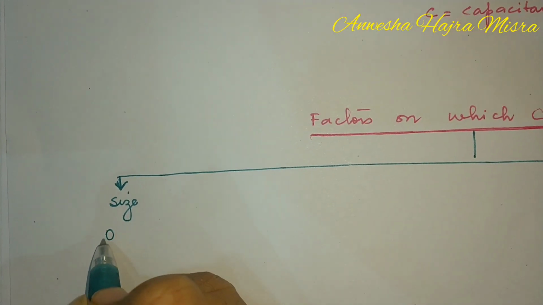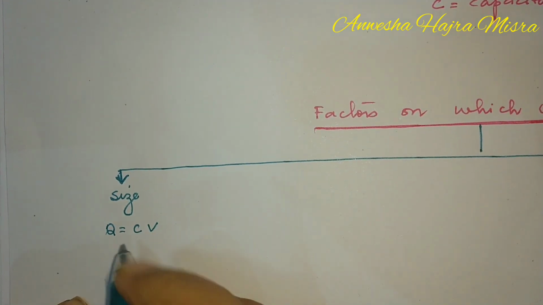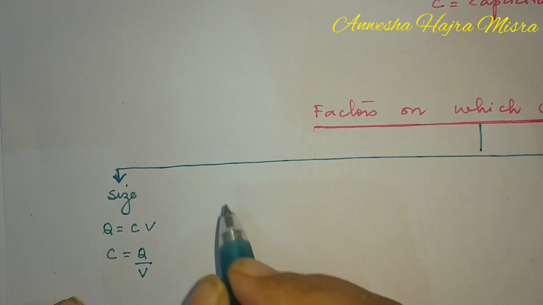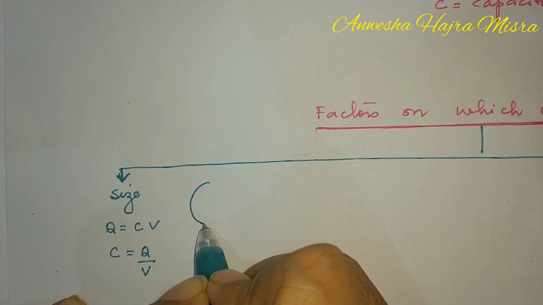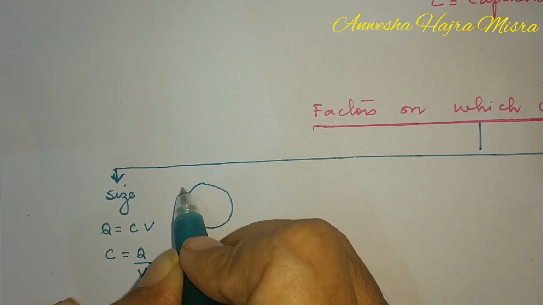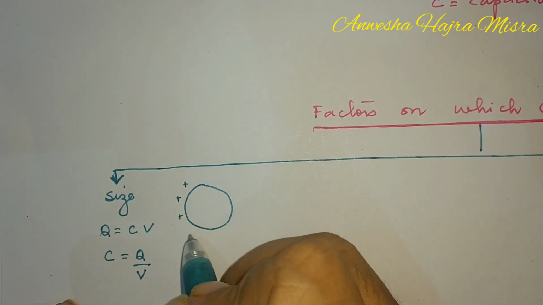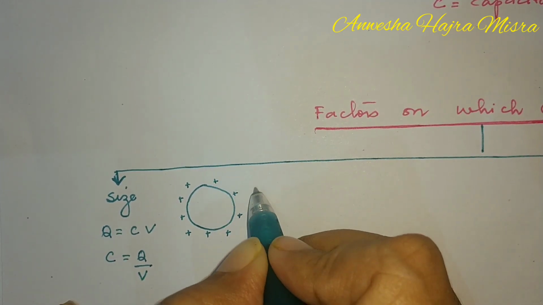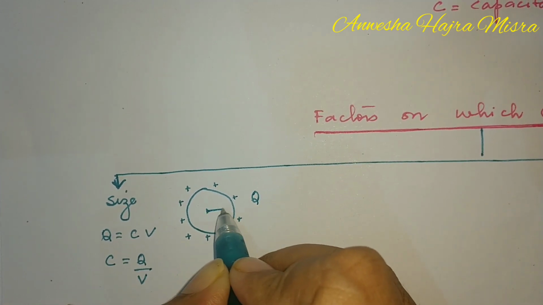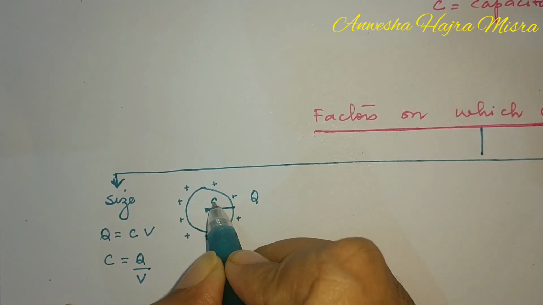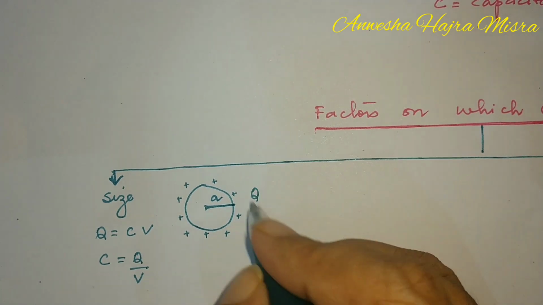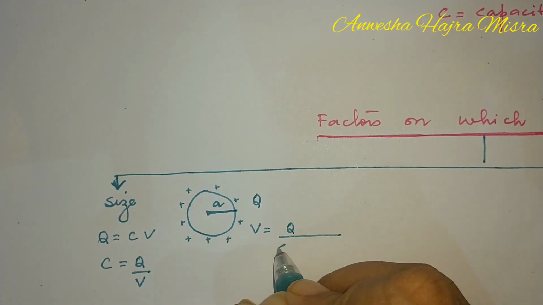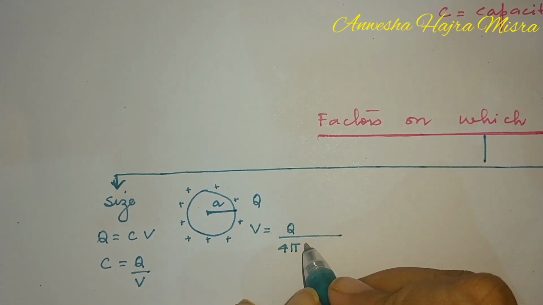We know Q is CV, C is Q by V. Now, if you have a body and you have given the body a charge Q, radius say is A, what is the potential of the body? Q by 4 pi epsilon naught K A, if it is in a medium.